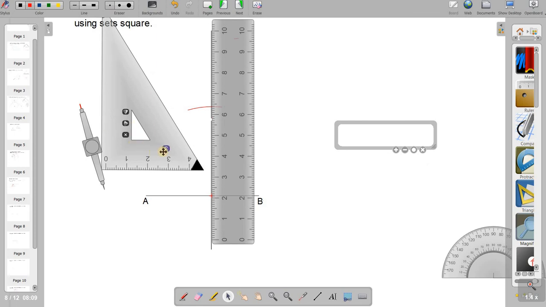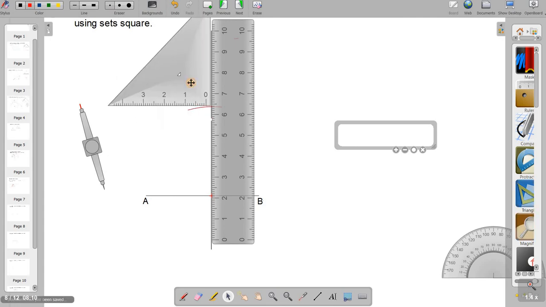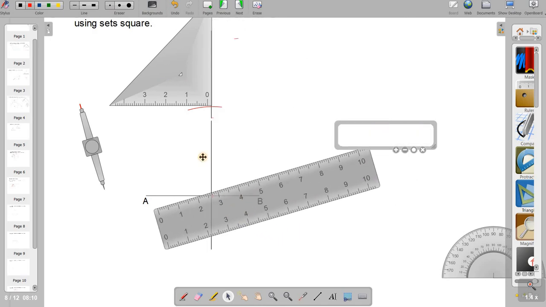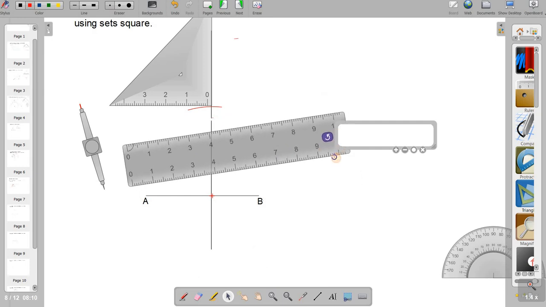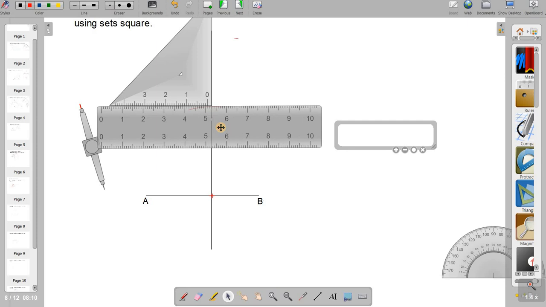I can flip it and change the edge of it. I'll keep it like this, at this point. Now I can rotate the ruler, and then I can bring it over here. I can rotate the ruler and keep it. See, now it is exactly at this point.